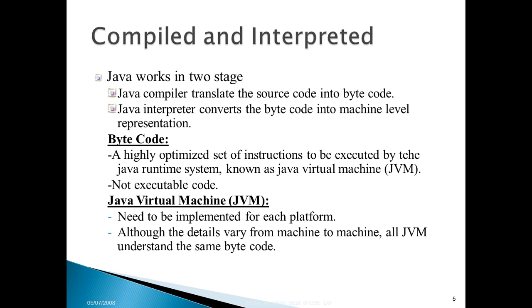It's not like only the person who speaks Tamil can understand, and the other person in Chennai cannot. So it's not the same. Everybody is speaking the same language, so every Java virtual machine will understand the bytecode. You can take this example. Hence I can tell it's purely platform independent.